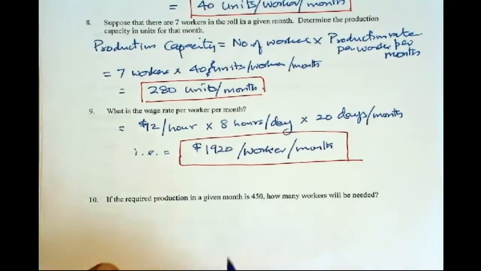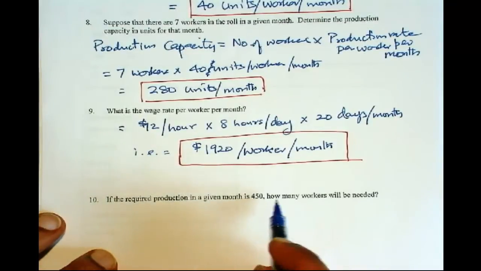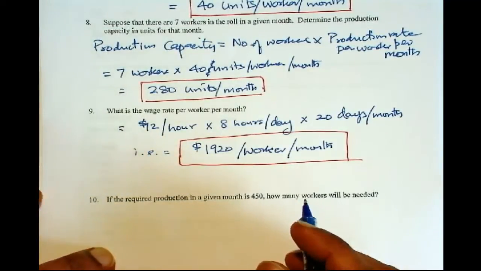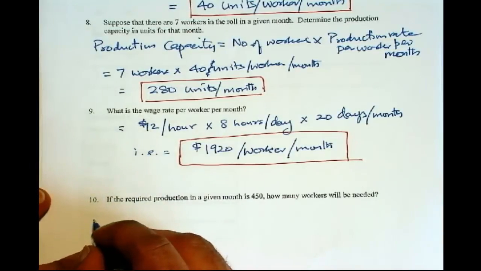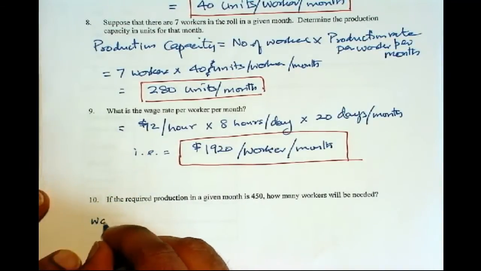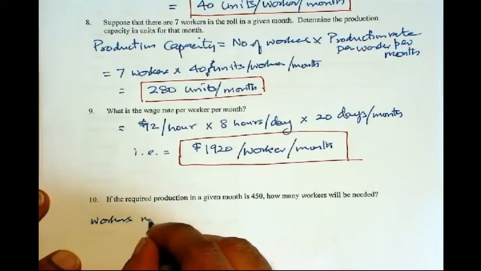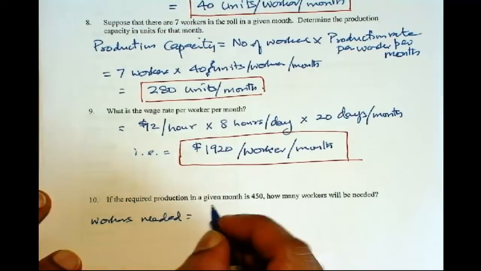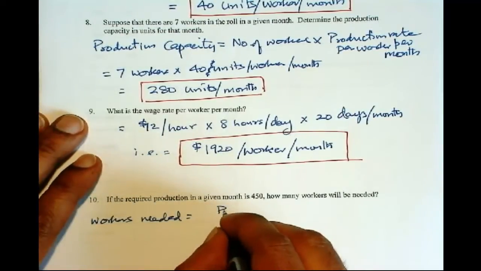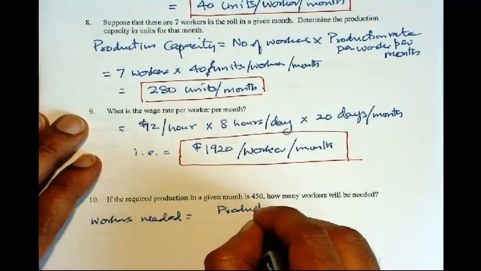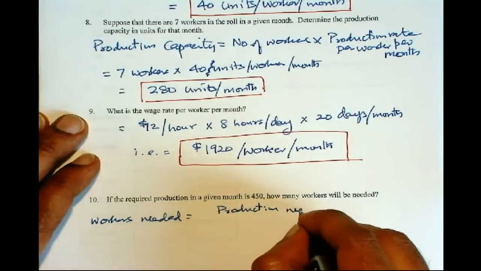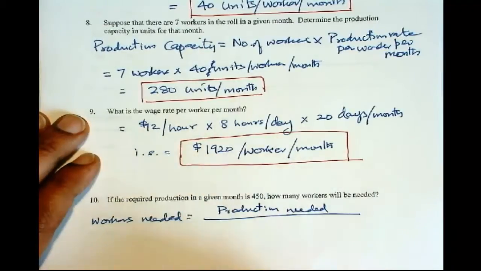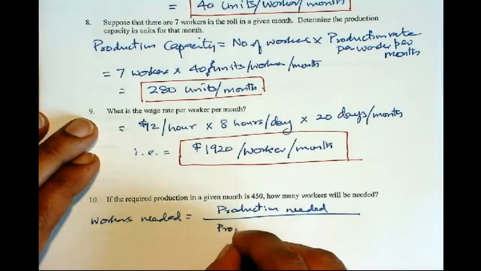Now let's find the number of workers given a production rate. So number of workers needed is production needed divided by production rate per worker.